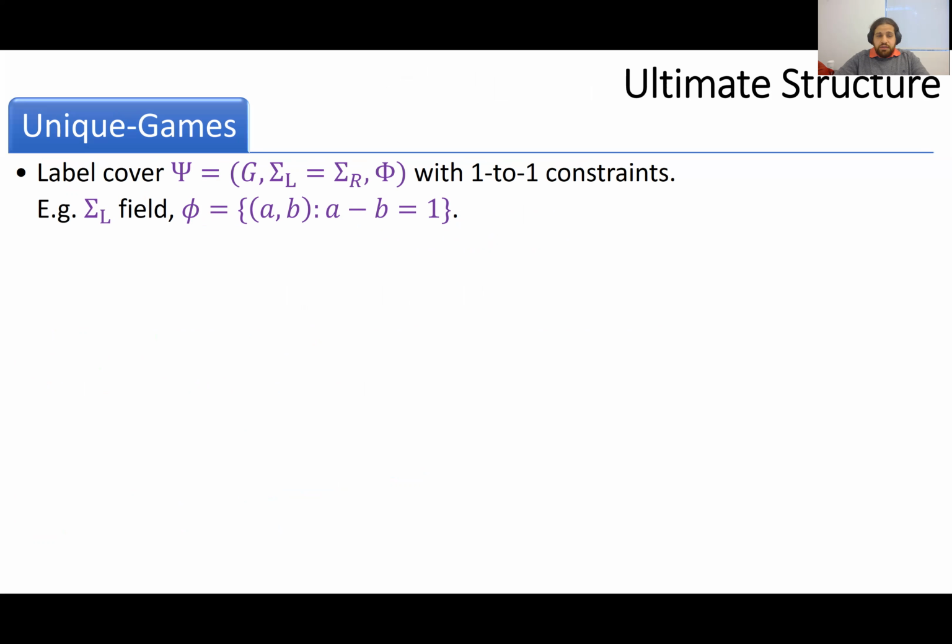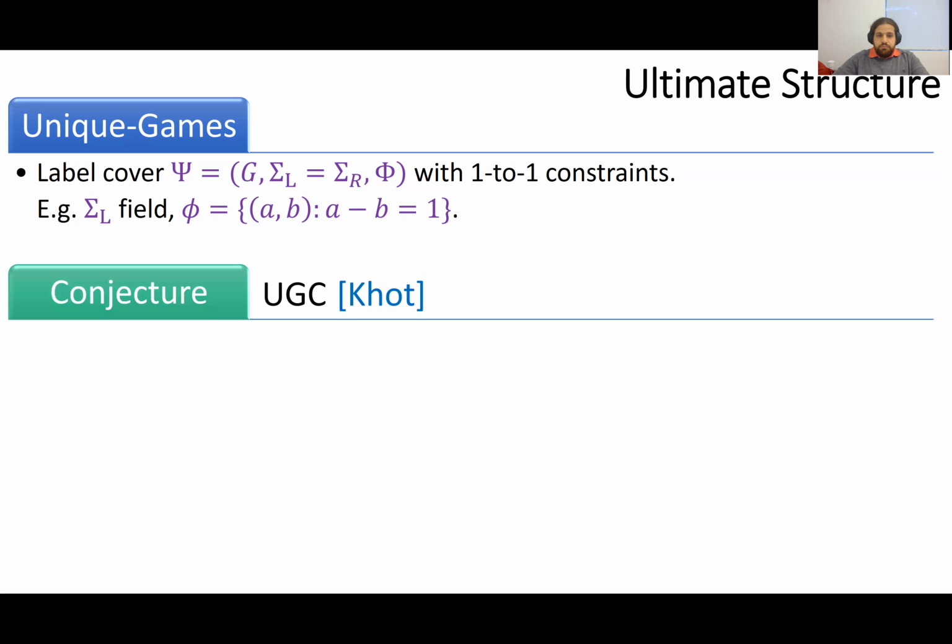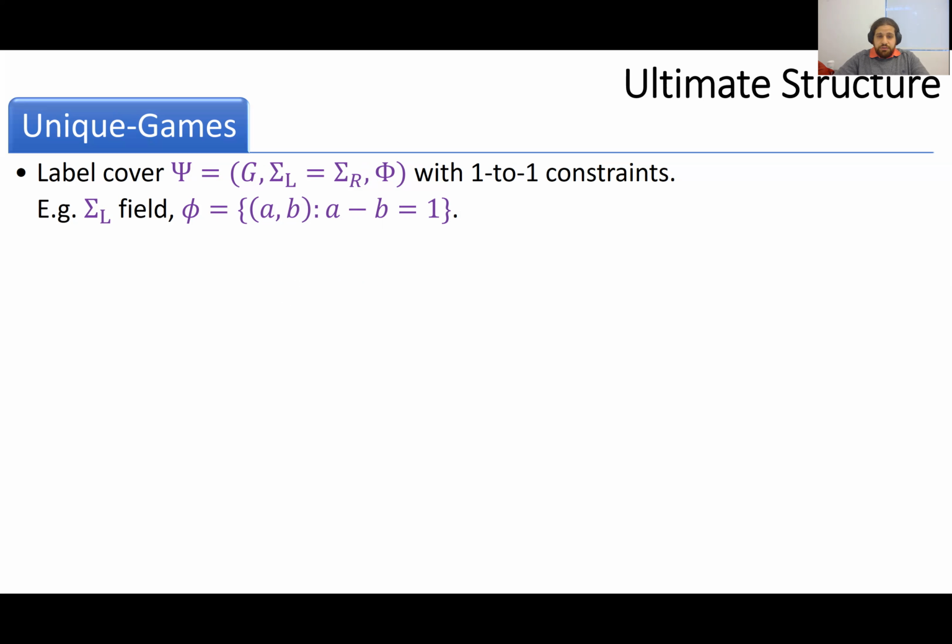More precisely, the two alphabets are the same, and each one of the constraints is a one-to-one map. For example, maybe the alphabet sigma is just a field, and then the constraints could be, for example, linear equations in two variables, say a minus b equals 1. Good. So this is a very strict structure, right? This is the best you can hope for.